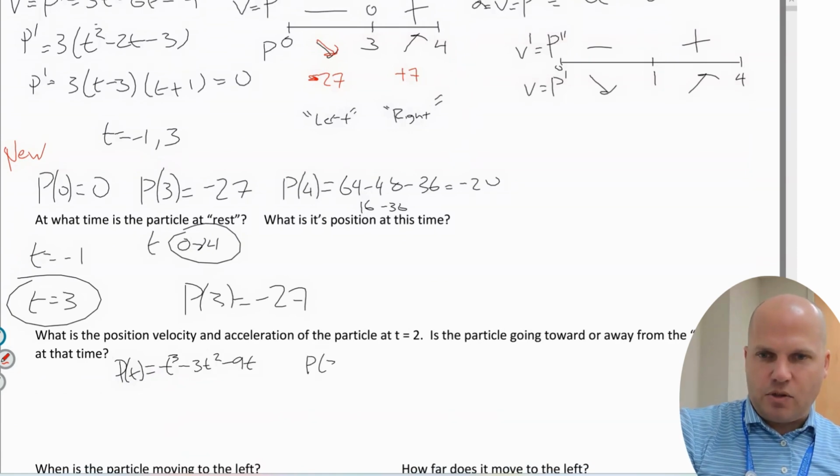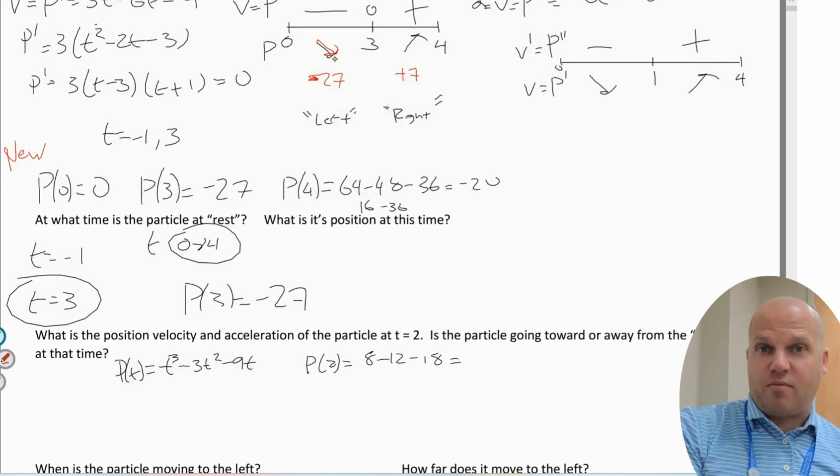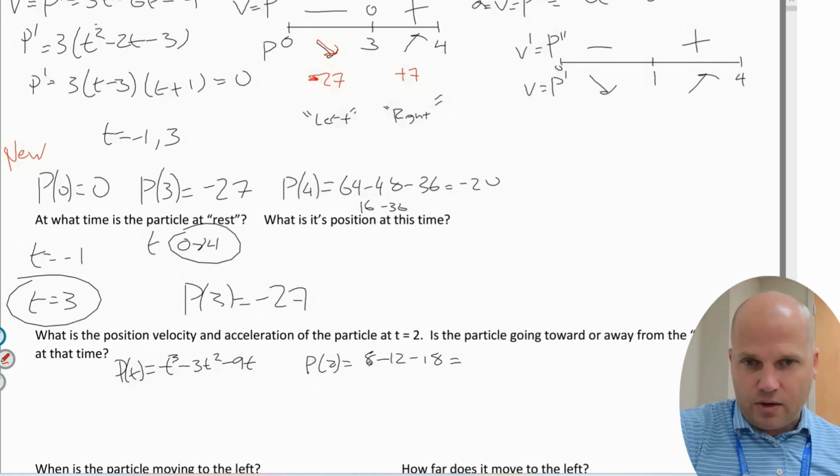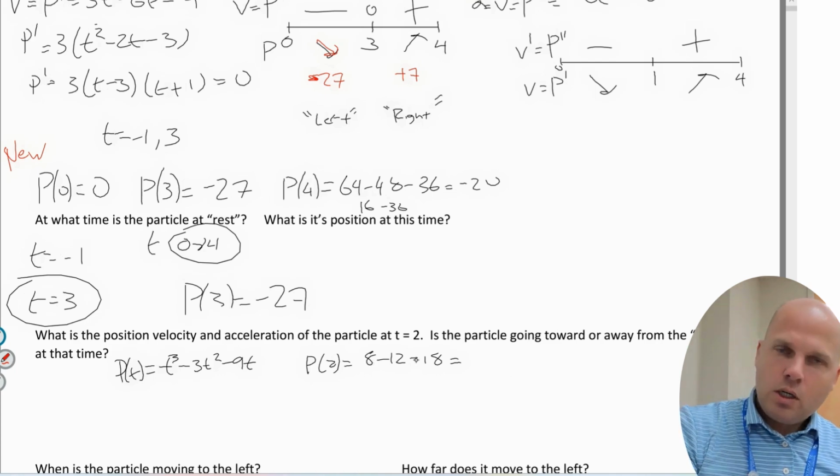My position at time 2 is 8 minus 12 minus 18. So my position should be a negative position because I'm between 0 and negative 27. I can see we decrease a lot. So we get negative 4 minus 18, which is negative 22.